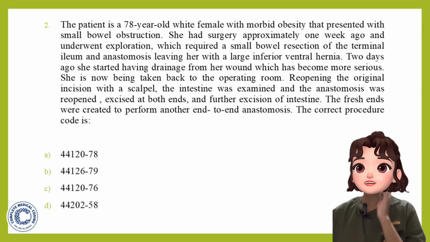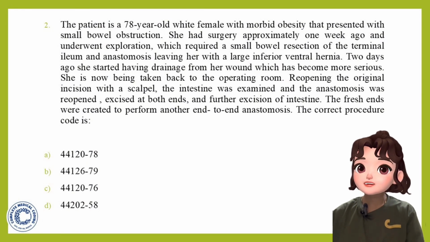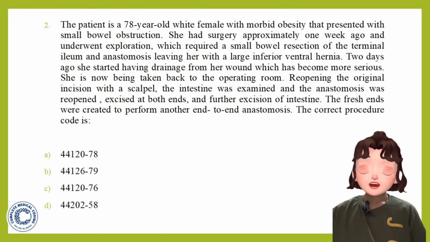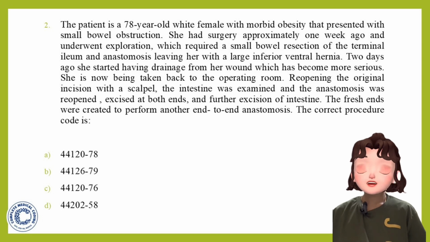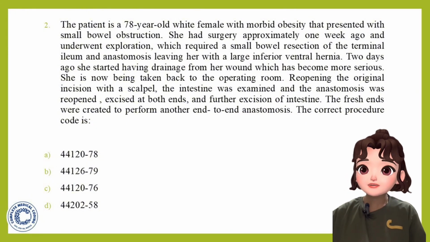Yes, in the question, resection of small intestine and anastomosis is mentioned. Small bowel resection of terminal ileum. So ileum is coming under small intestine. So resection of small intestine, single resection and anastomosis, because only a single resection is mentioned here, only in the ileum. So yes, that is the code we need.